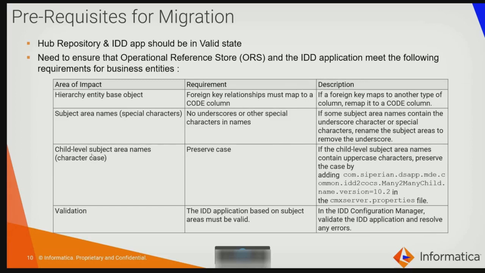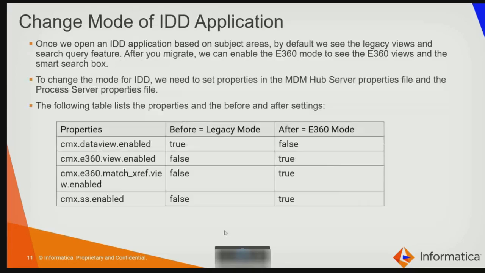If you have any child entity, child subject area with uppercase character, we need to add this property in CMX server property before we move to business entity model for this IDD application. Validation. The subject area based IDD application has to be in valid state before we migrate to business entity model.